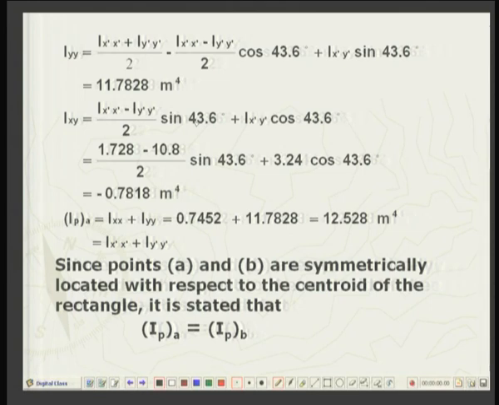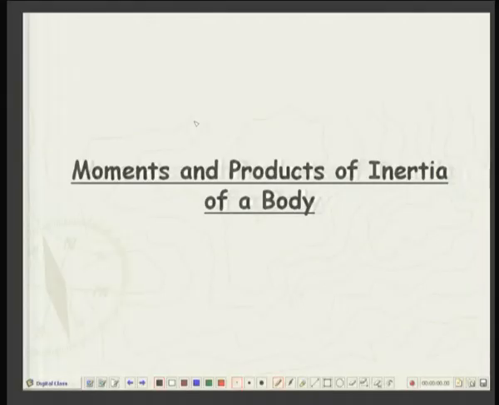So, that is all I have to say about the moments of area and products of area. Now, we will continue our lecture, but on a slightly different topic, and that is the moments and products of inertia of a body. Now, we are no longer dealing with only areas, which is a two-dimensional concept.